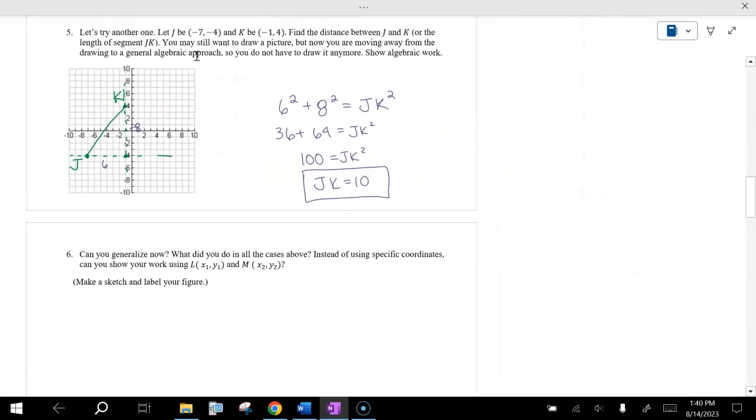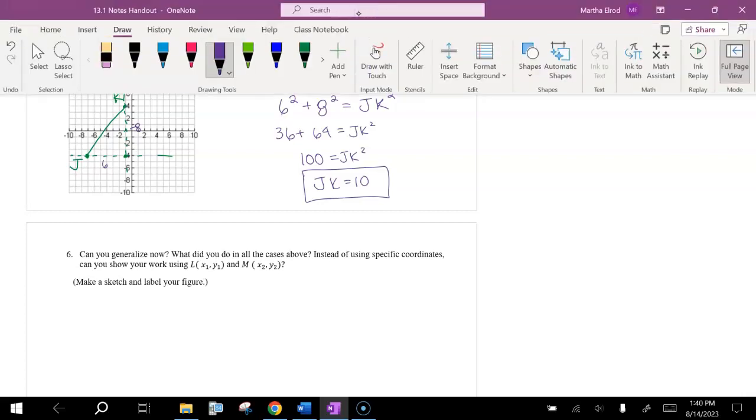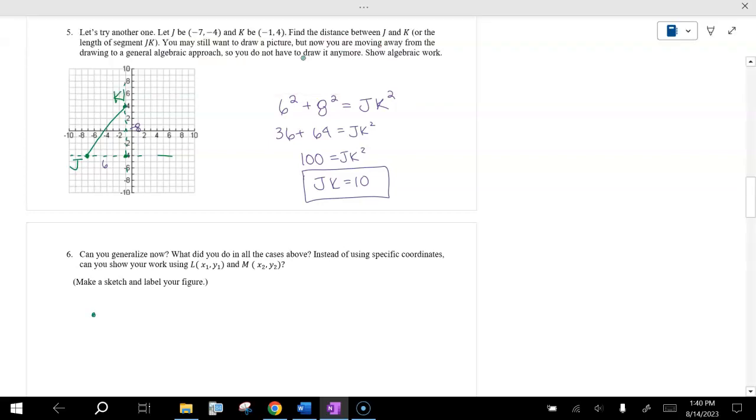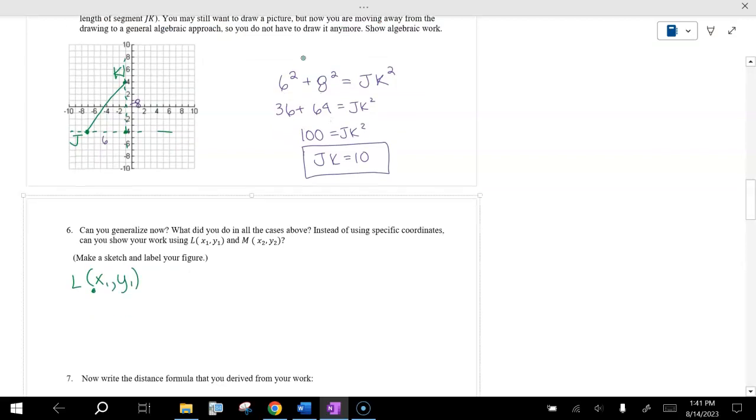And what they want us to do now is try to generalize what we're doing. How are we coming up with the distance between 2 points? So they said, what happens if you have these generic points L and M? So let's say this is point L, and the coordinates are (x1, y1), and then let's say we have a point M, and our coordinates are (x2, y2).